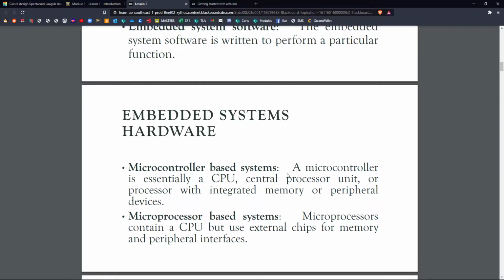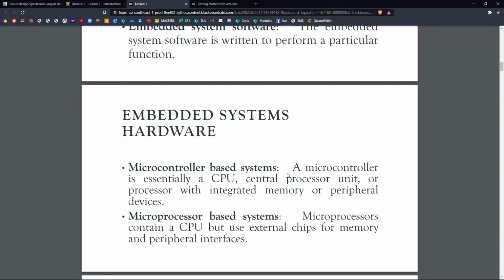Microcontroller-based systems are usually those embedded systems that have a specialization in their function. For example, the ones employed in the microwave ovens, the air conditioners, and the washing machines. We can consider those microcontroller-based systems because they are very specific in the type of task that they can accomplish.